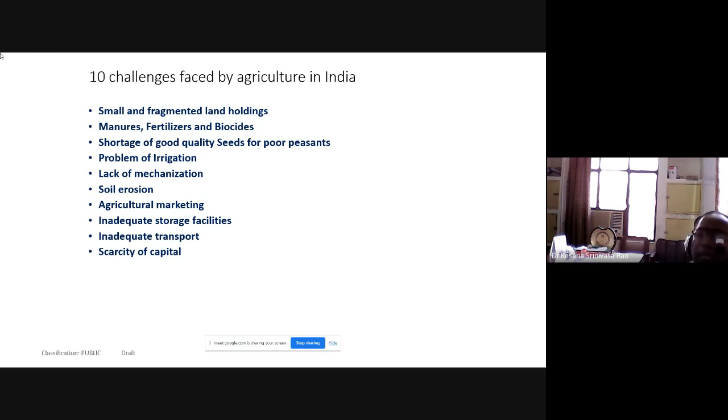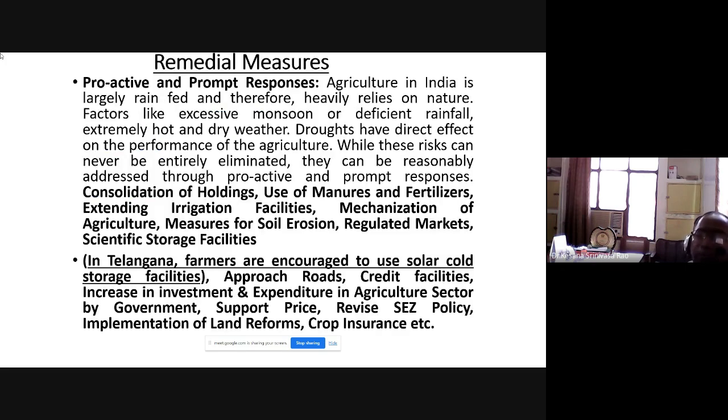These are the agriculture challenges we have been facing in the Indian agriculture scenario. As we can see, these are almost common everywhere in the majority of countries. The majority of the problems we are facing in India are more or less the same in other African countries also.